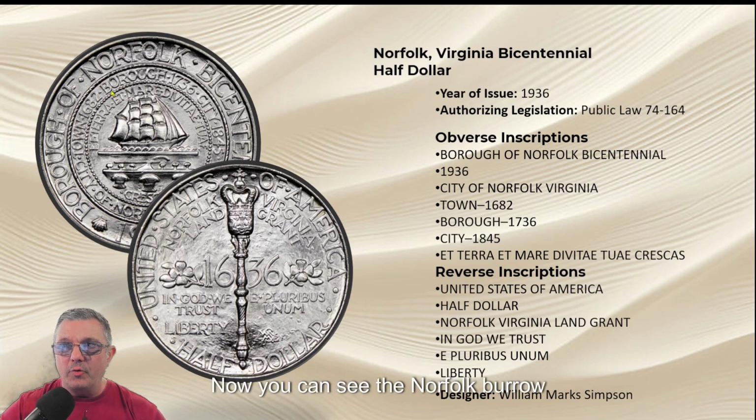Now you can see the Norfolk borough, you can see the ship there, along with the stocks, the plow. You'll see the various stocks of grain sitting there in front of that. Again, you'll see the shells, Norfolk bicentennial. You'll see that there. And then you flip this over and you're going to see the Royal Mace. Now, the Royal Mace, there's only a few of these that have royal symbols on them. This is one of those.